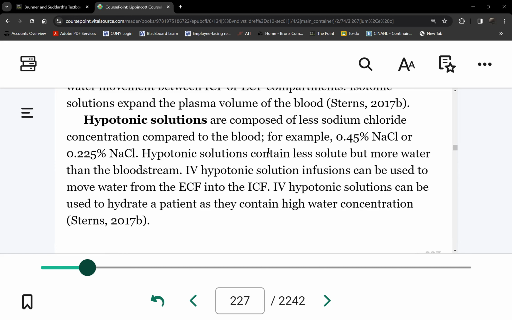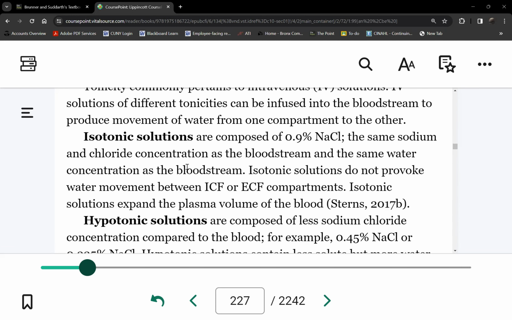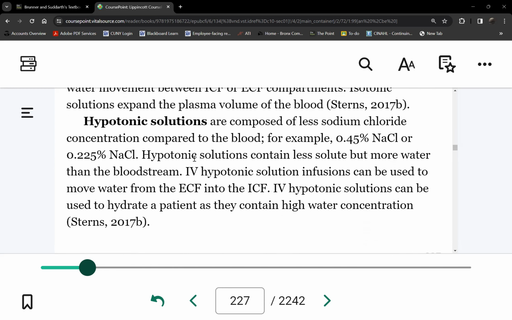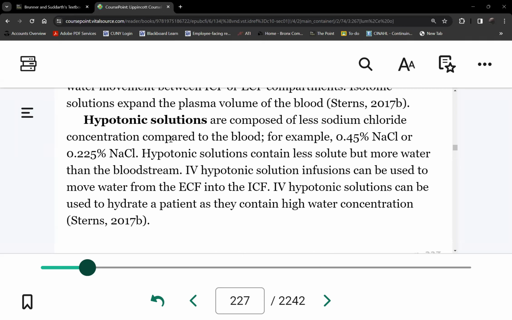It's really what is in there. Since 0.9 is basically salt water, there's sodium and chloride in there. LR still has sodium and chloride, but there's also potassium, magnesium, and other elements. Hypo has very little, so this has lesser concentration compared to plasma.